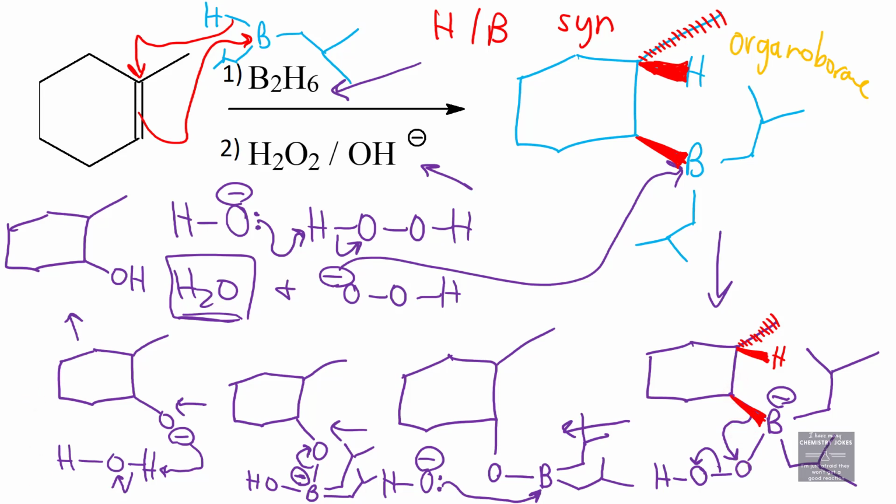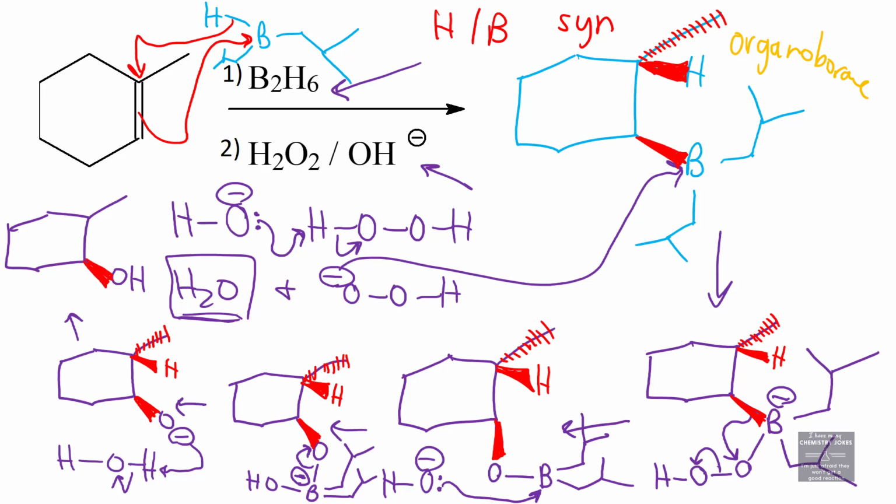What that means is the oxygen is still pointed the same direction that the boron was pointed. So if I fill in my hydrogen again and my methyl, and I continue on down because no more reactions happen at that carbon, hydrogen is syn to the OH in the end.